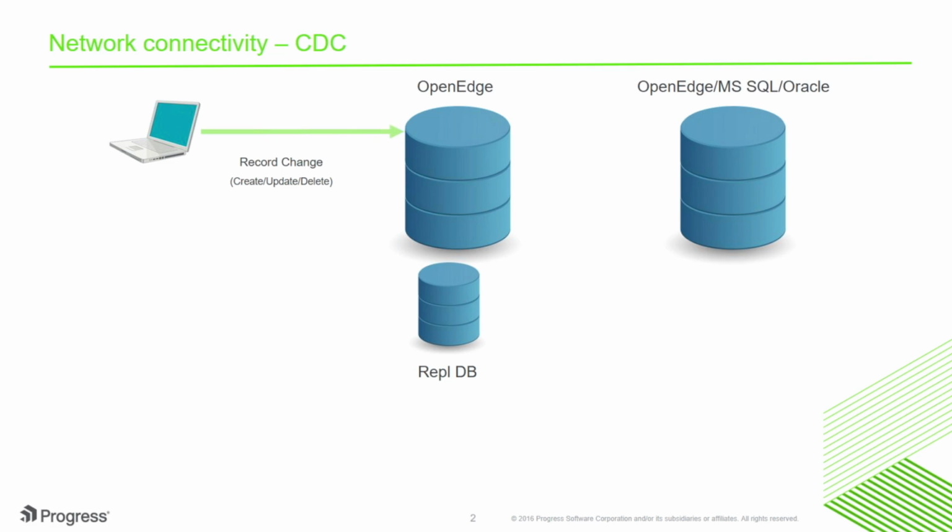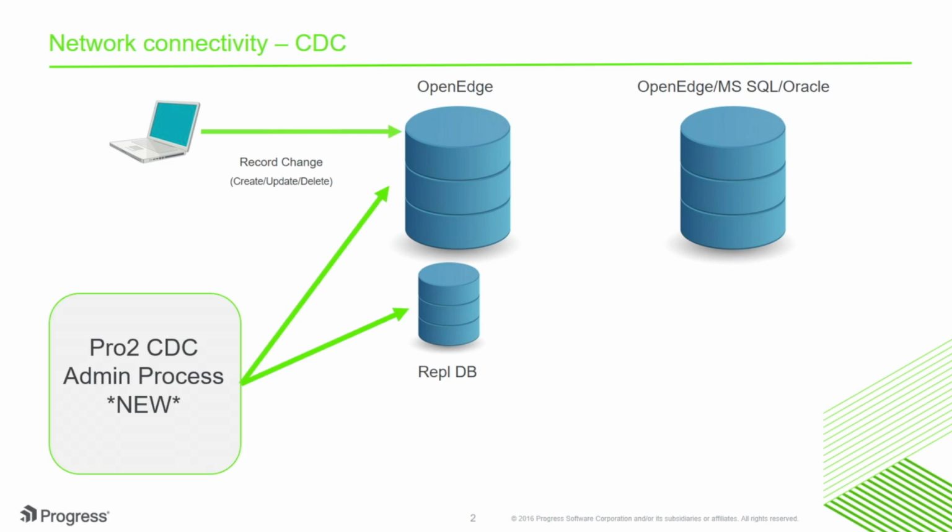Now, the new CDC add-on for Pro2 is a new service process that we're calling CDC admin that you can start, and this process will run in a variety of modes. It can run client server, it can run via app server connections, lots of configuration options for that.